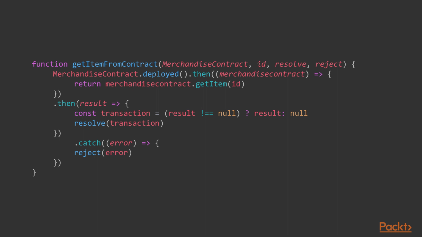And this function is the actual Solidity function out on our smart contract. When that returns, we check the results returned, and if we received a transaction back, we call the resolve function passed to us by the original promise and return the transaction. If we receive an error back, we call the reject function and return the error message.